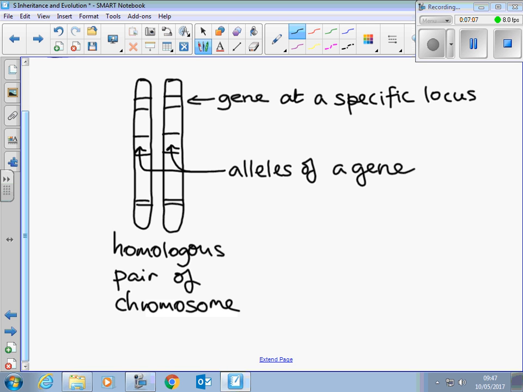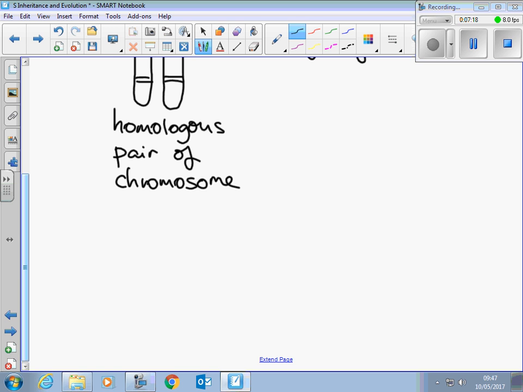Now, there's a list of terminology where the words tend to come in pairs or groups. If we look at those alleles, we can describe them in a lot of different ways. The words usually used are dominant and recessive, but there's also codominant, and incomplete dominance, and there are others as well.